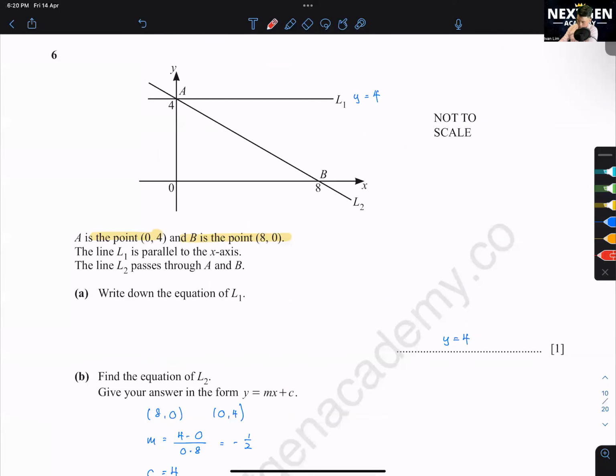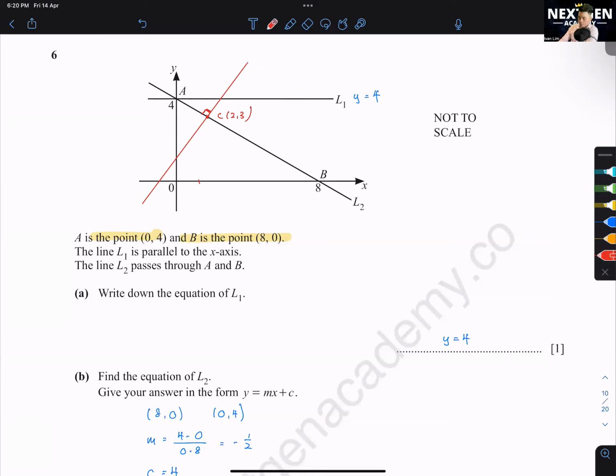Okay, we just roughly estimate. So maybe 2 is around here. Okay, here is your point C, (2, 3). It is perpendicular to it, like this. I like to just roughly sketch it out, but in the exam, if you don't have time to do it, don't do this, okay?